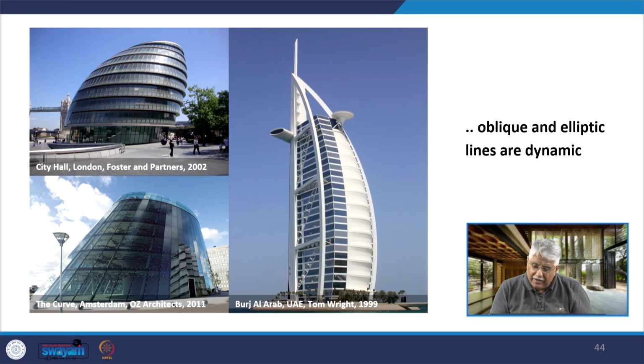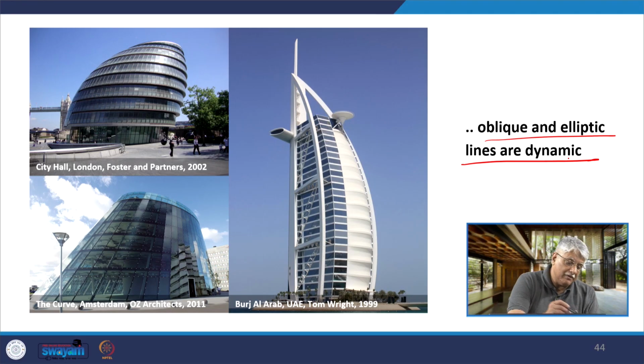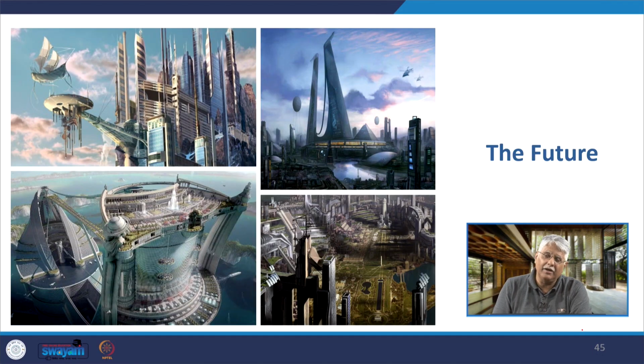There are oblique and elliptic lines that are dynamic in our buildings, whether it is the City Hall in London by Norman Foster, the Curve in Amsterdam by Oz Architects, or Burj Al Arab by Tom Wright in the UAE. This shows you a glimpse of what we can expect in the future.